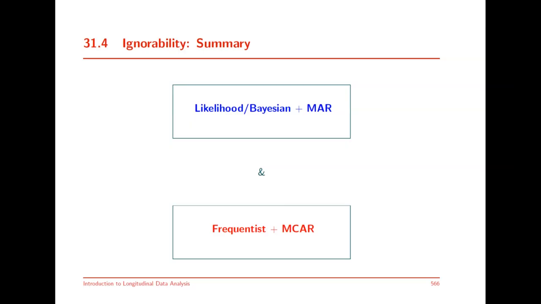Very important remark. There are frequentist methods or non-likelihood methods that are valid under missing at random. These are exceptions, lucky exceptions. So that's not the general result, but I'll give you one example that I also mentioned in the web lecture: REML, restricted maximum likelihood. It's close to maximum likelihood, but it's a little different.